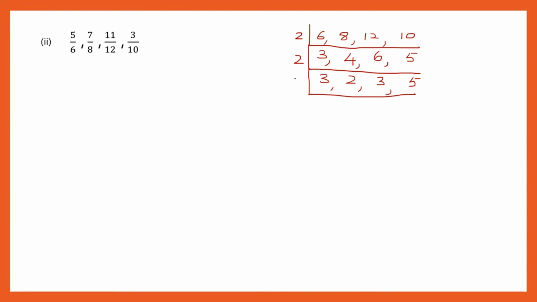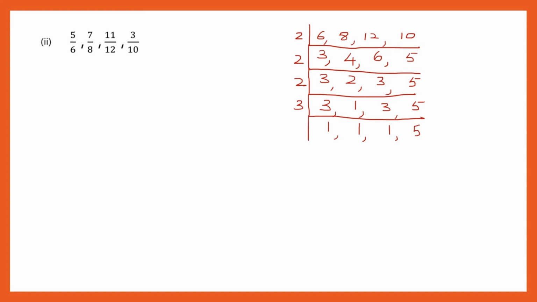I continue with 2. I bring down 3. 2 1s are 2. I bring down 3 and also 5. Now I can't divide with 2 anymore because there are no numbers there that are divisible by 2. Let me take 3. 3 1s are 3. I bring down 1. 3 1s are 3 and I bring down 5.